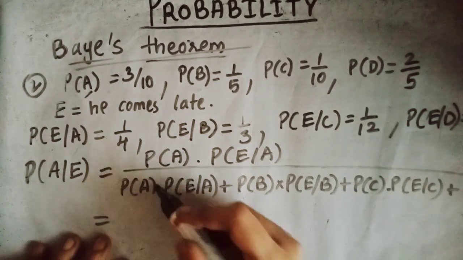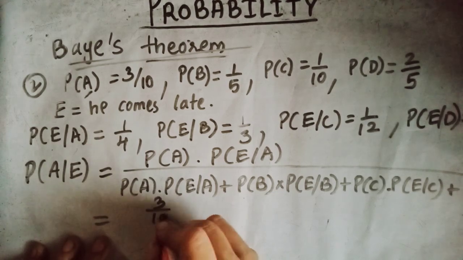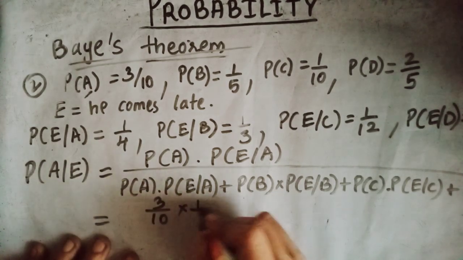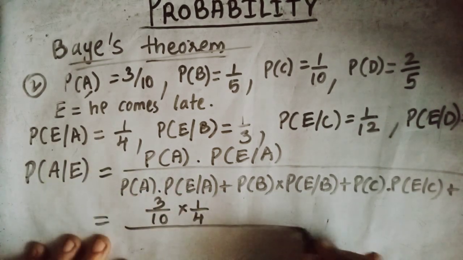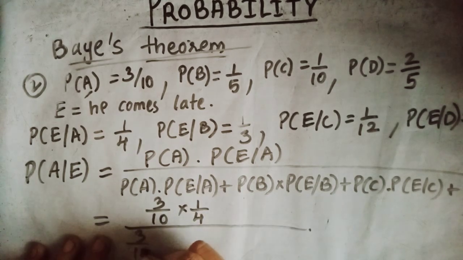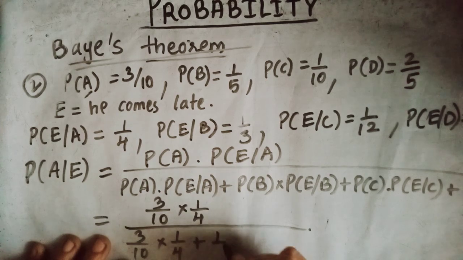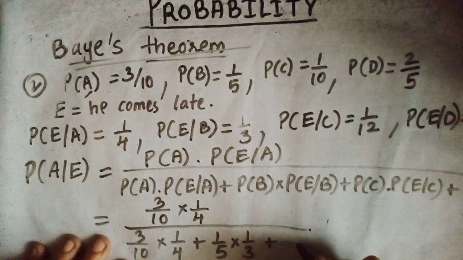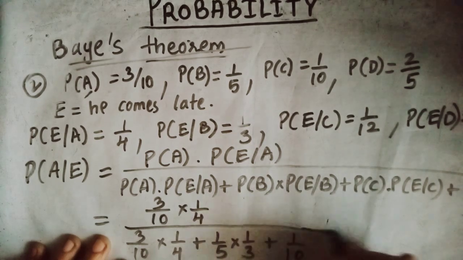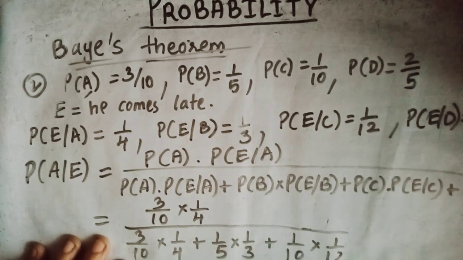So P of A is 3 by 10, 3 by 10 into 1 by 4 upon 3 by 10 into 1 by 4 plus 1 by 5 into 1 by 3 plus 1 by 10 into 1 by 12.